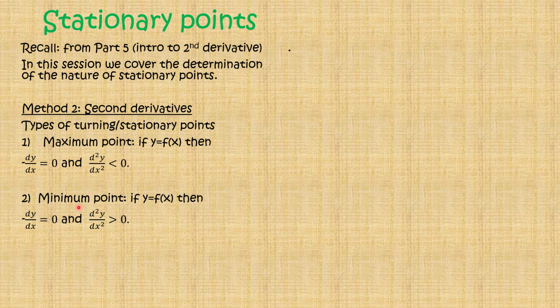I hope that makes sense and that's not confusing at all. I know it might appear confusing. For a maximum, we get the negative for the second derivative, and for the minimum, we get the positive in the second derivative. But that is something that we just have to appreciate for now.